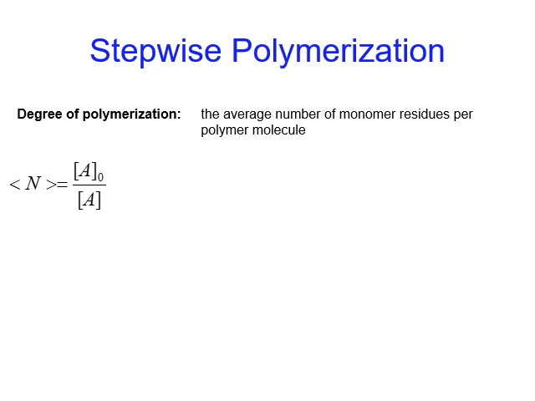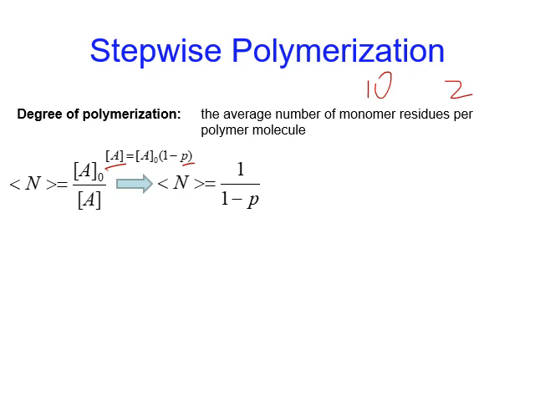For example, if you start with 10 monomers, and at a certain time there are 2 molecules, then each molecule has 5 monomers. Now, last slide, we showed that the concentration is related to P. Okay, P is the fraction of the molecules condensed, so plug in, and we have this equation.